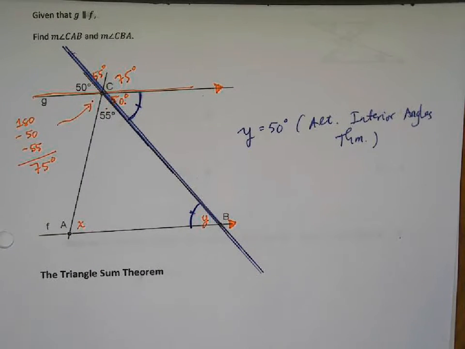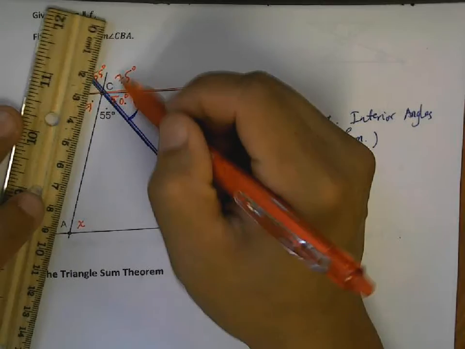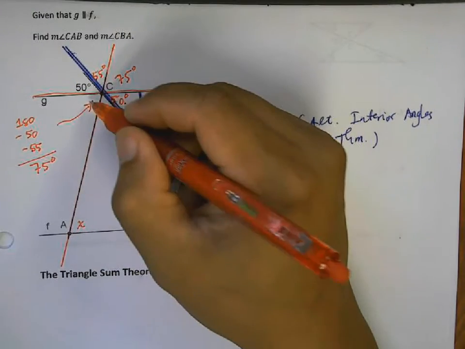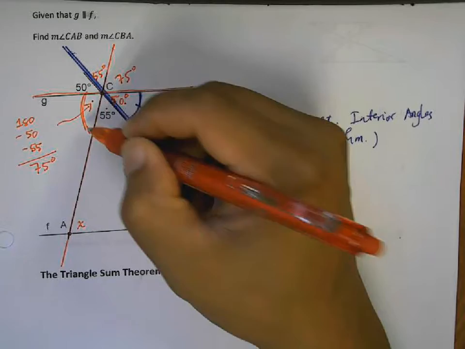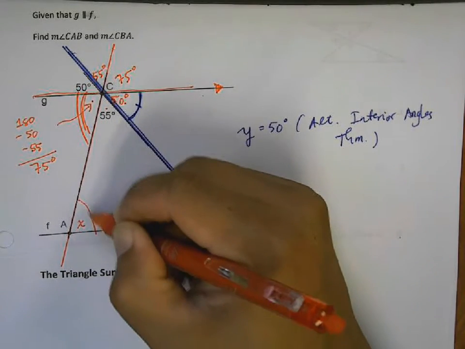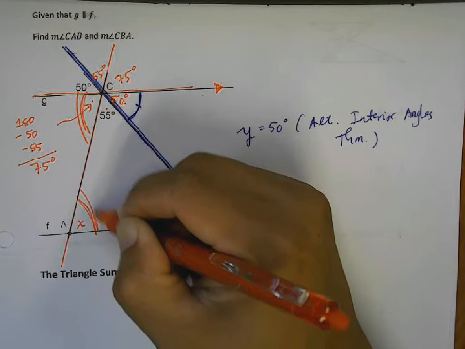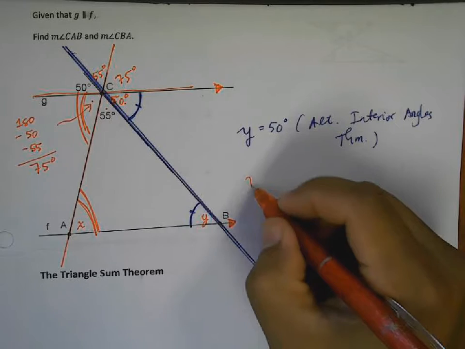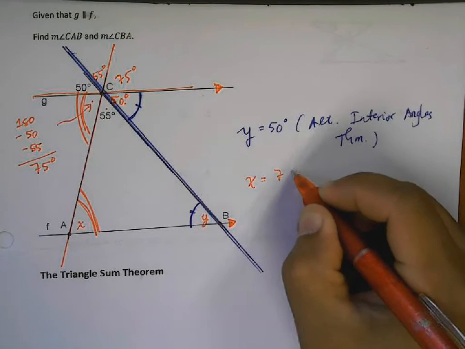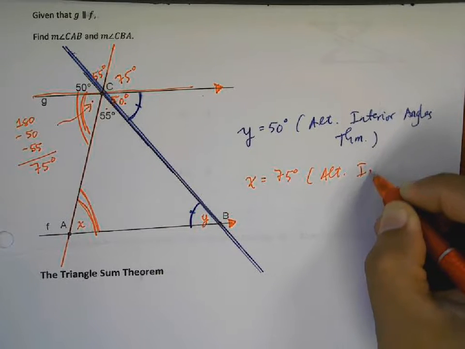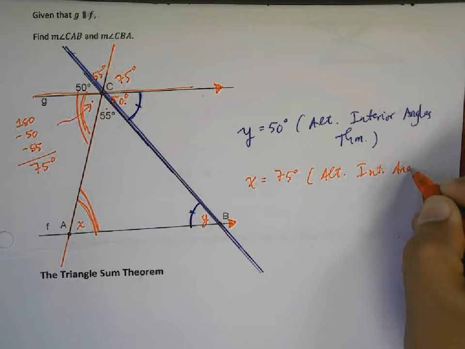And similarly, on the other side of it, if we were to use this line AC as the transversal, you can see here that this angle up here, and I'll use two arcs this time, and angle CAB are also alternate interior angles. So X must be equal to 75, really for the same reason, alternate interior angles.